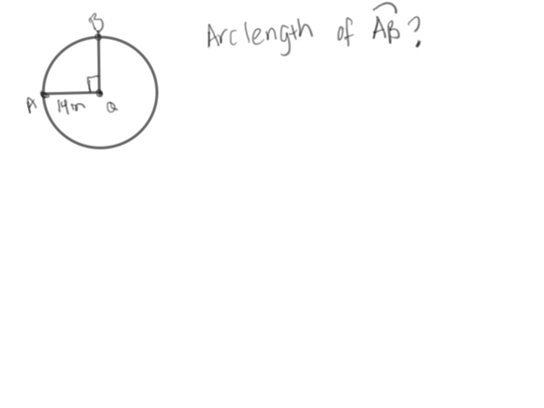The arc length, or the distance from A to B, would be a fraction of the entire distance if I were to go around the circle starting at A and ending right back at A. So just using those exact words, the arc length is a fraction of the circumference.